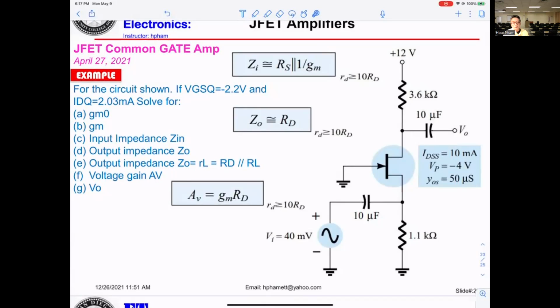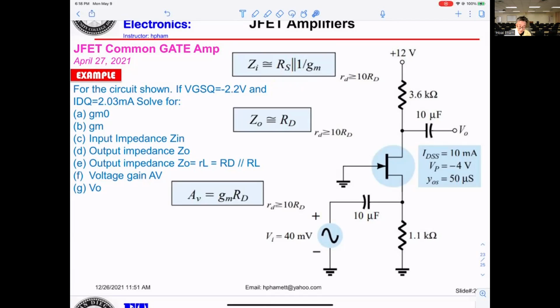Equal, I think, 2 times IDSS divided by the absolute value of VGS off. And number B, GM equals GM0 times 1 minus VGS over VGS off. And they want to calculate the input impedance. Okay, input impedance, we gave it to you right here. RS parallel 1 over GM.